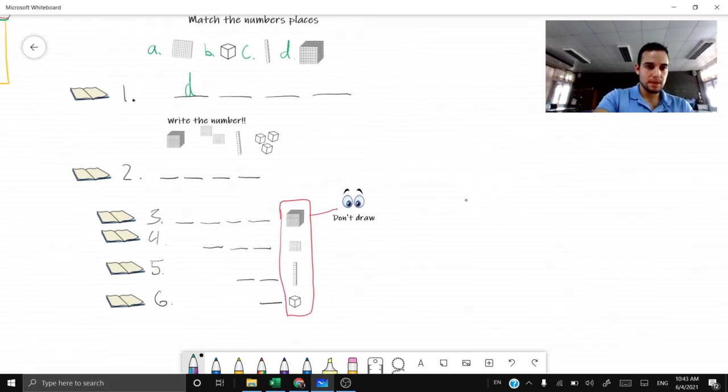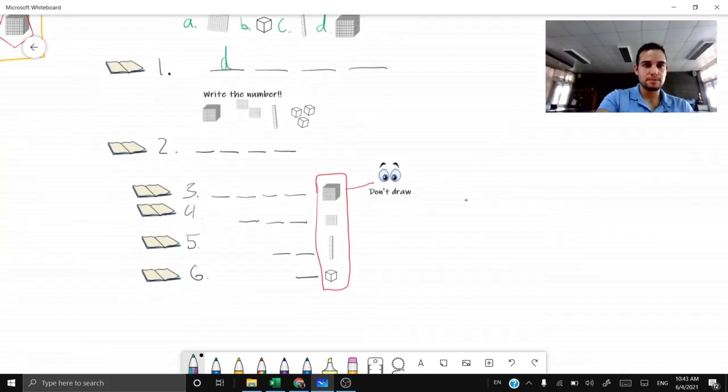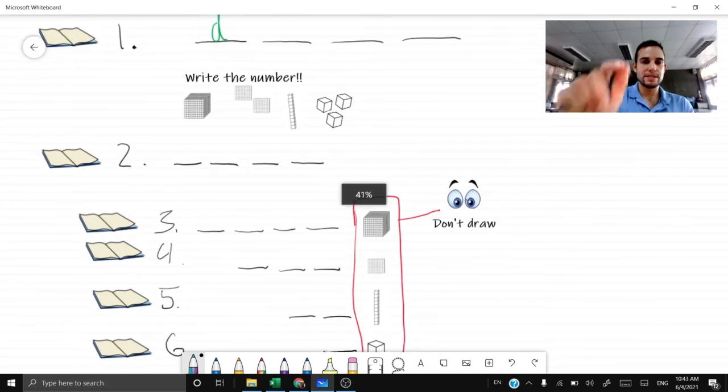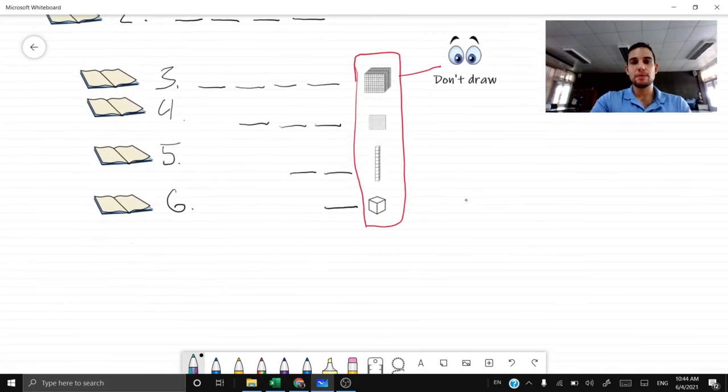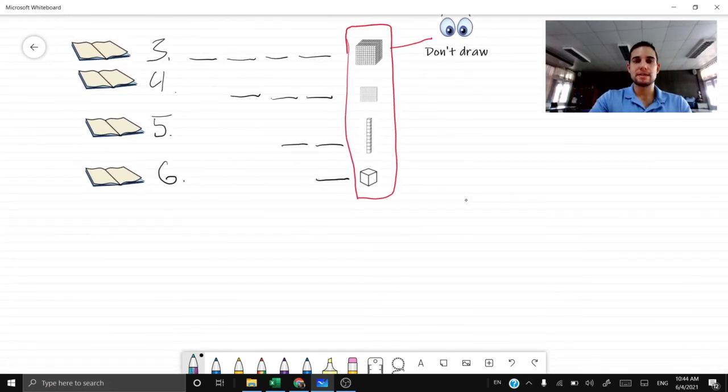Now, for number 2, write the number. Write the number, just like we did in the practice. What is the number? 3, 4, 5, and 6. Write the number.